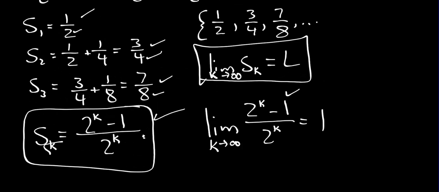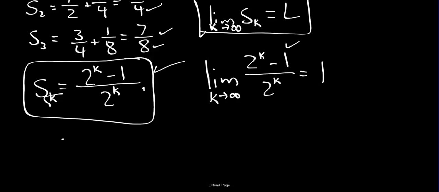So here's what we have. We have this series is equal to 1. Now, we were able to actually find out the exact value of what it converges to. This particular series, it was easy for us. We could find that the series converges to 1.